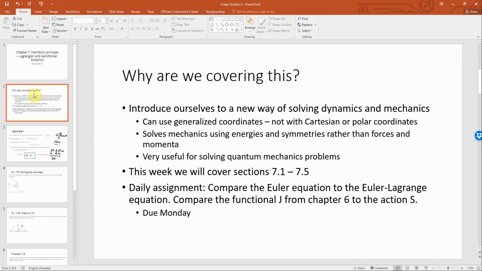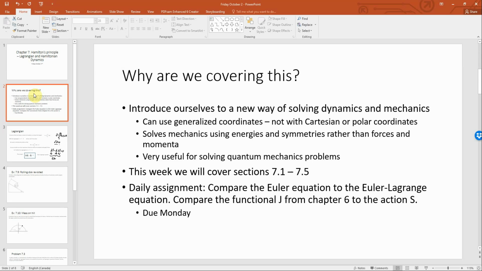You know that you can solve a lot of these dynamical problems, but it turns out it's not always the easiest way to solve some of them, and there are some benefits to coming up with a different formalism. So instead of forces and momenta, we're going to look at energies and symmetry to solve our equations of motion.